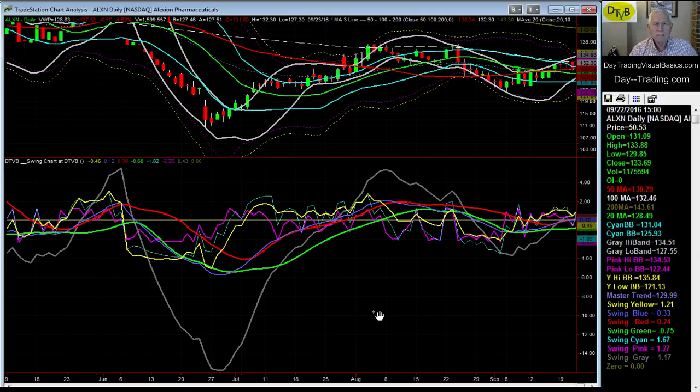BOC is a bottom of a cycle, and you've undoubtedly heard me talk about low angles up and low angles down, and bottoms of cycles and tops of cycles. But a top of cycle normally occurs above zero, and a bottom of a cycle normally occurs under zero.